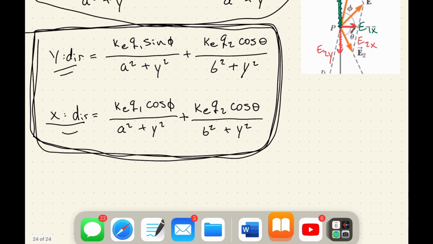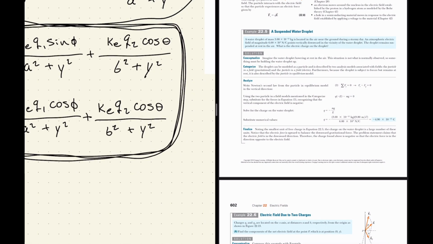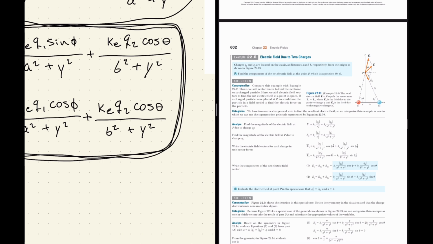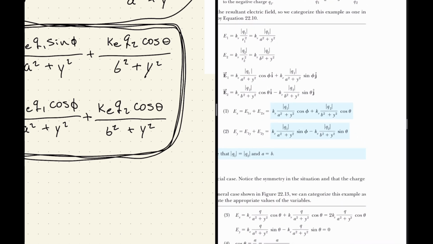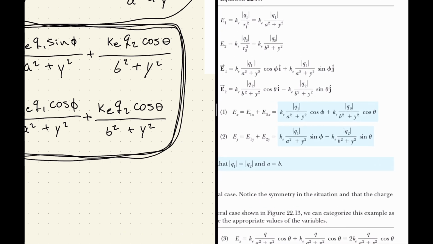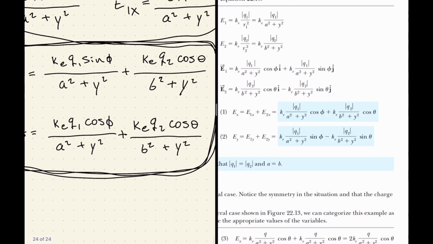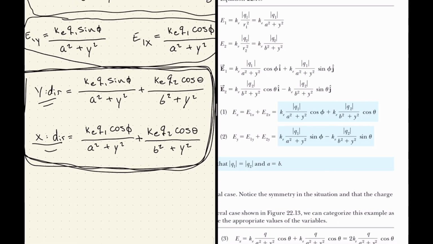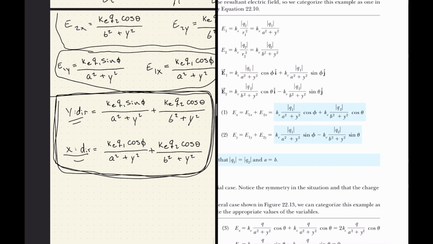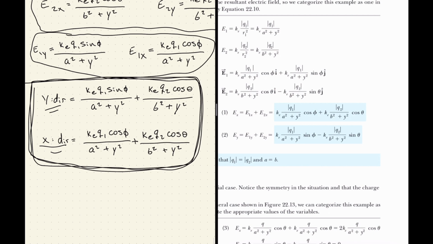Now, let's actually see if this is the correct answer by looking at this over here. So what we have is the x components. The x components are KE.